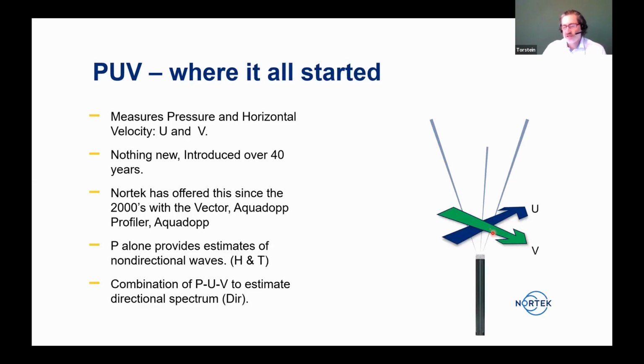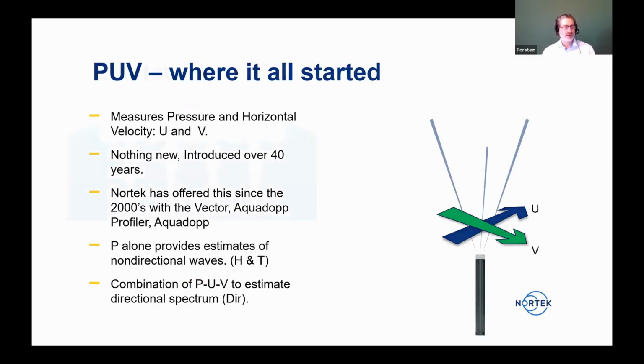The U and V, as I said earlier, is the projection onto these two axes, and it gives us an indication of the axis that the waves propagate on. If you include the pressure, then it allows us to unwrap the ambiguity of which direction along this axis, and gives you an indication of the wave direction.